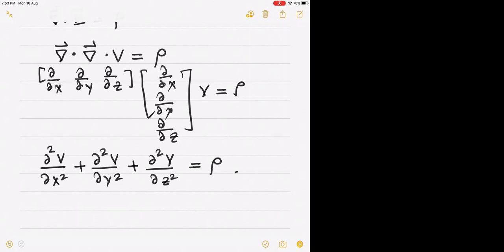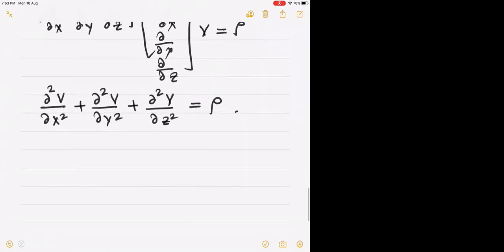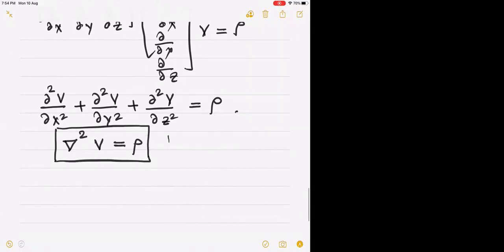A short form of writing this is nabla square V is equal to rho. This is known as Laplace's equation, one of the most famous and most useful equations in all of field theory.